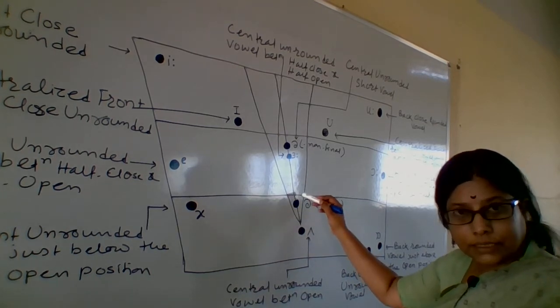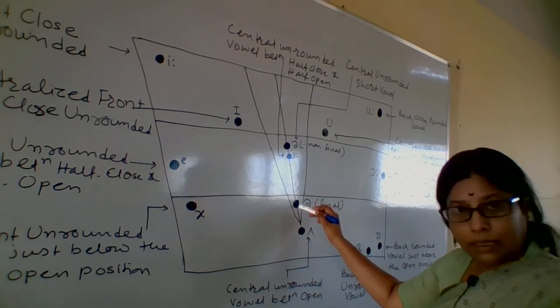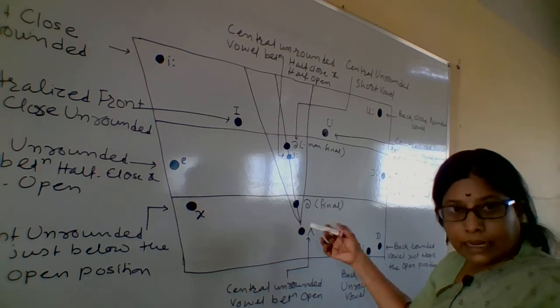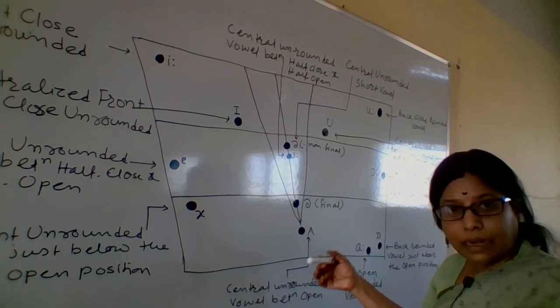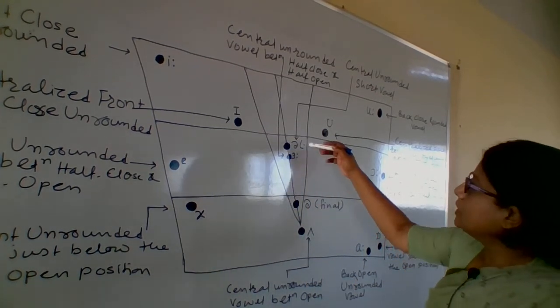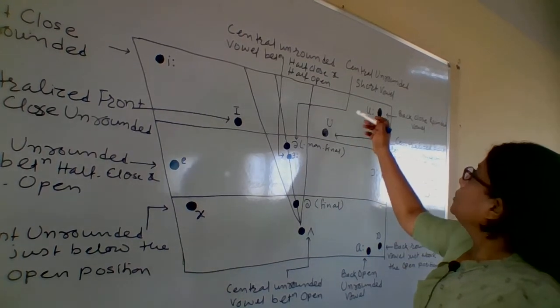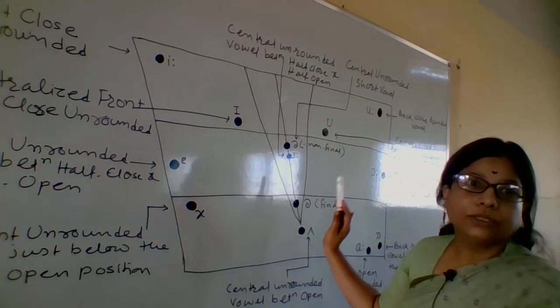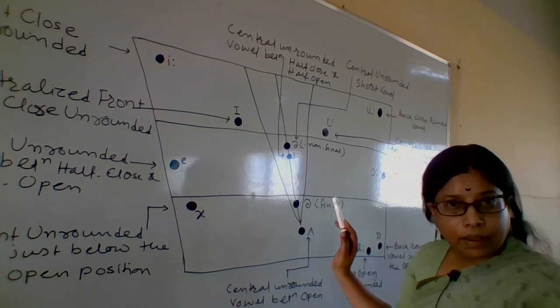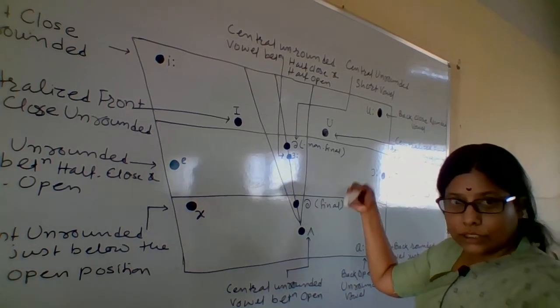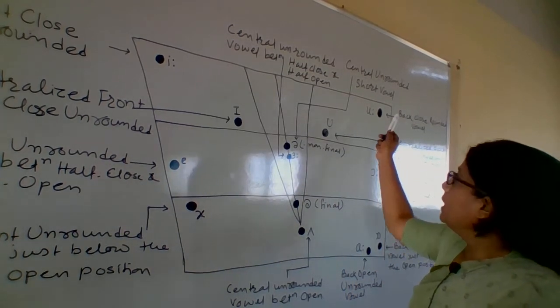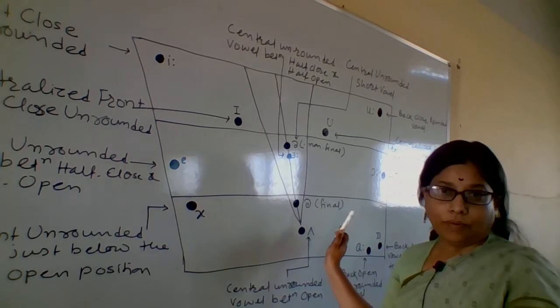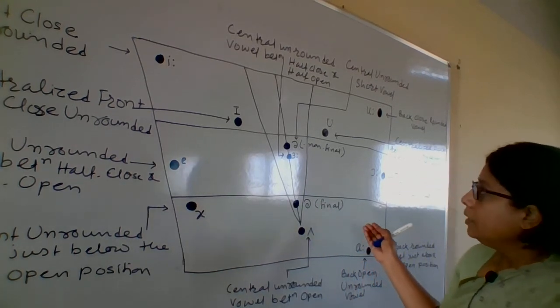The central part of the tongue is raised just below the half open position and it is a short, unrounded vowel. So, since it has these two positions, it is known as a central unrounded short vowel.